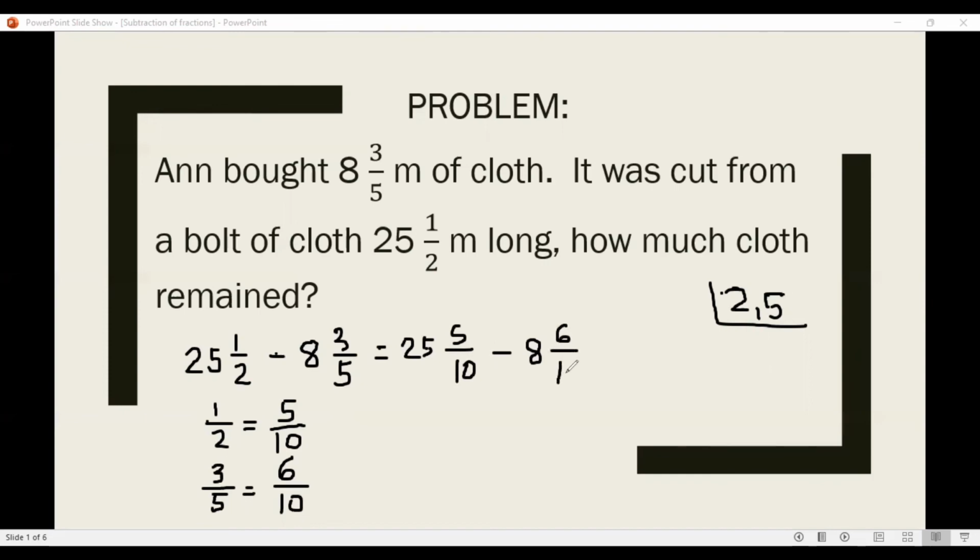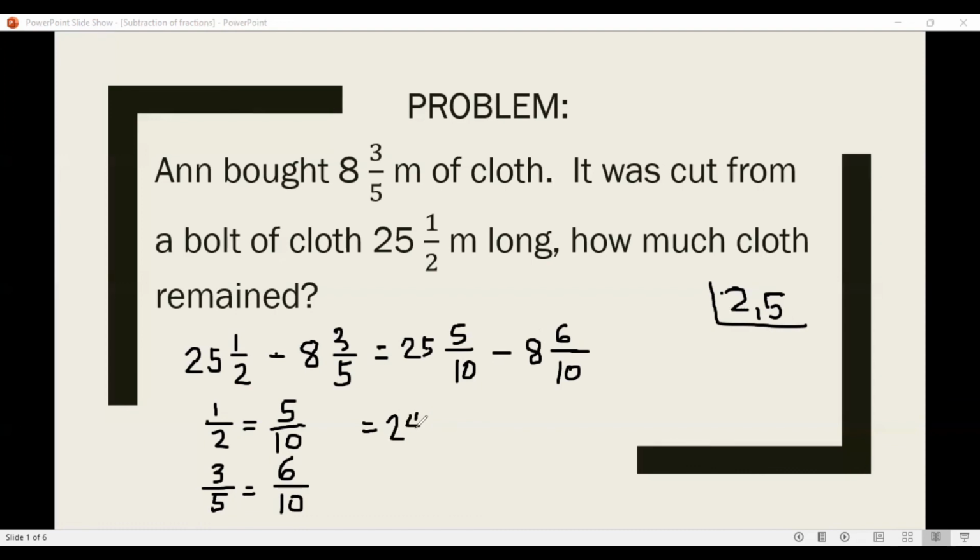Okay, so let's try to check on the fractional part. We have 5 minus 6. So there is another problem again that arises here, because we cannot subtract 5 and 6 because it will give us a negative answer. Therefore, there is a need for us to regroup. So when you regroup, you have to borrow from the 25, making that now 24.